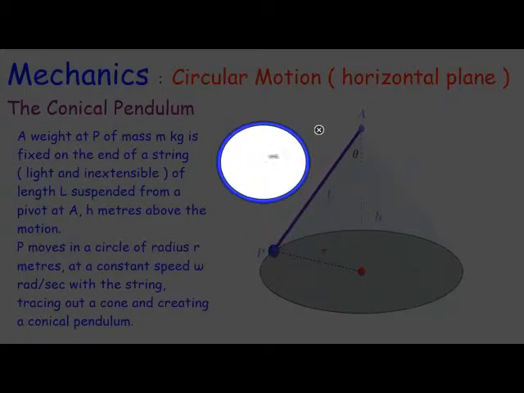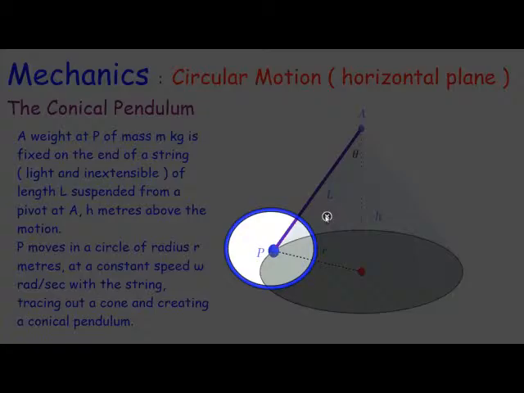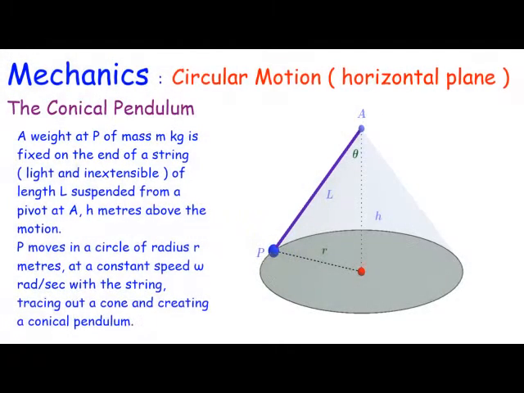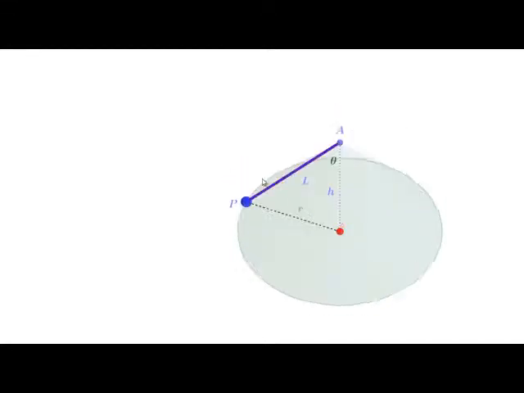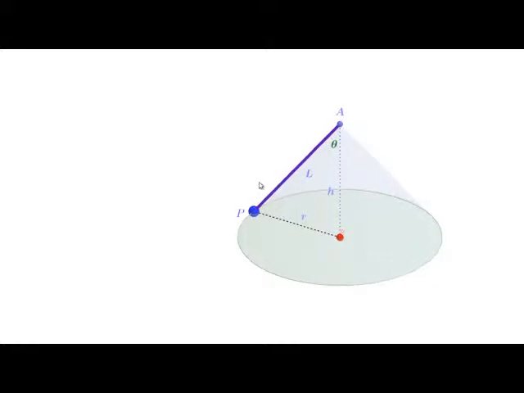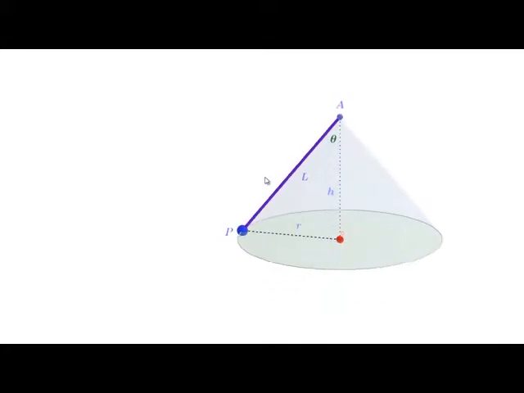Now the particle P here is going in circular motion, and we'll just have a quick look at what that looks like. Here we have GeoGebra, and I'll see if I can get the particle to start to rotate. Looking at the different views, you can look at this conical pendulum from lots of different angles.